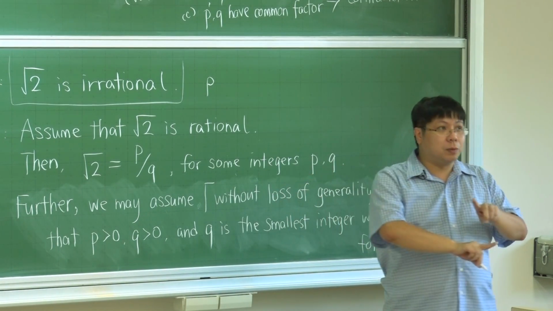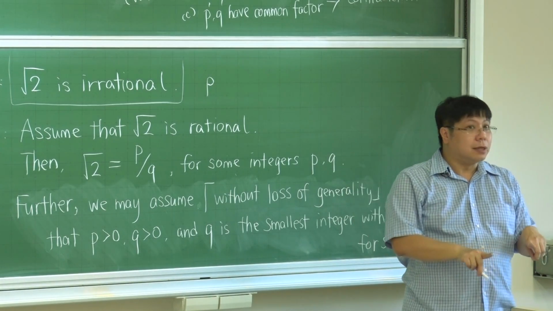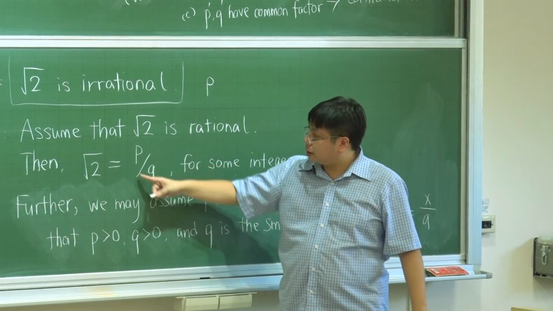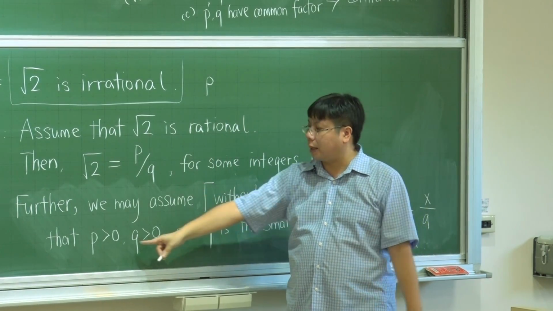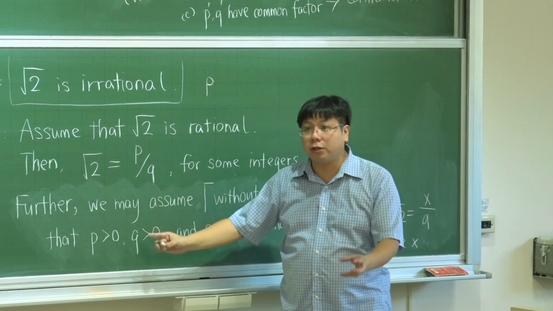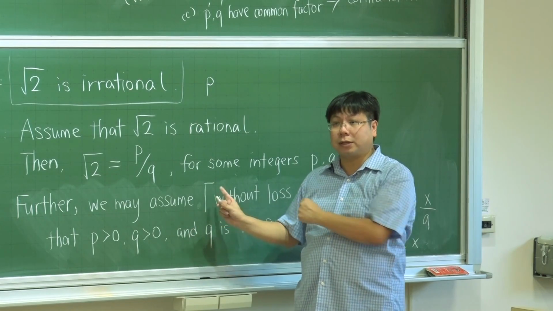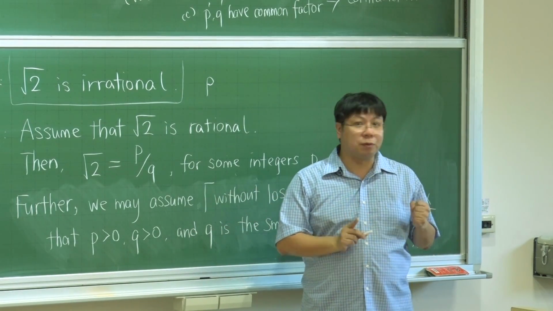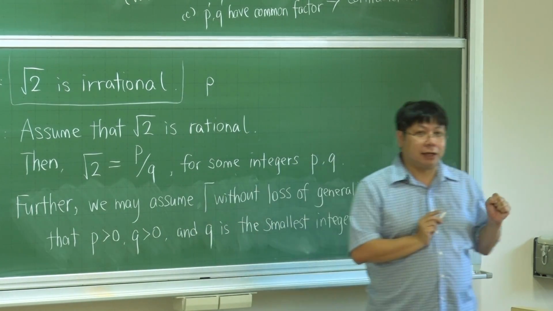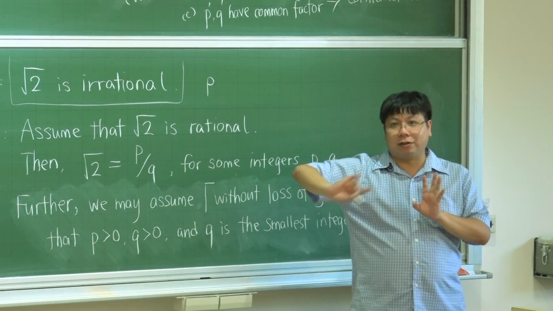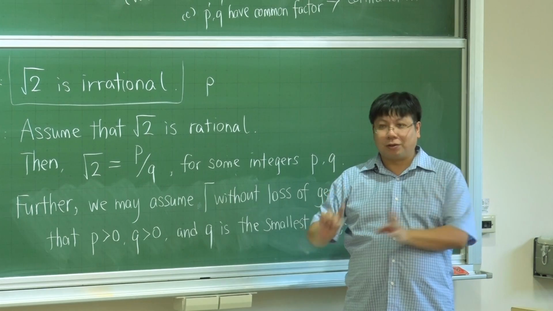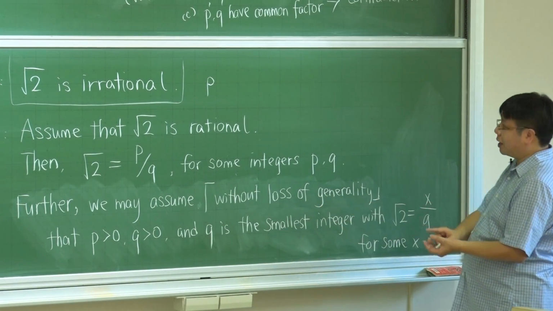Among all the choices for p and q, there must be some choice that satisfies this case, so we are going to pick those cases to use. That's why we say without loss of generality: we are not taking advantage of adding this and then making the solution gone.